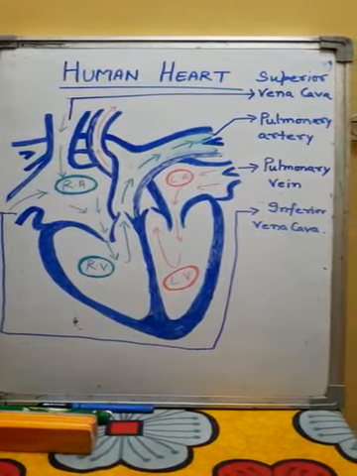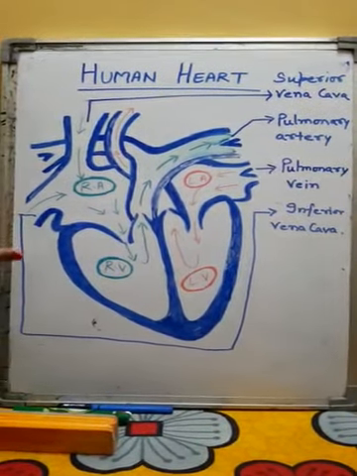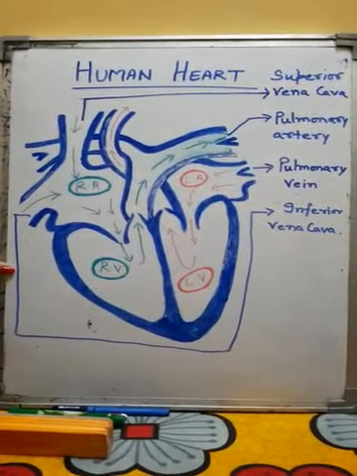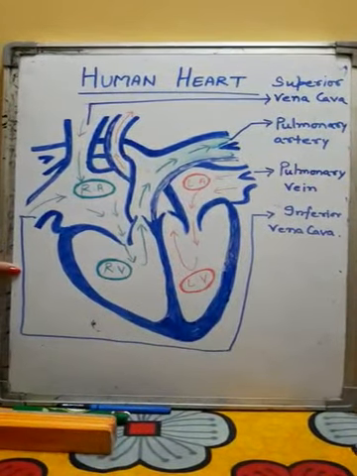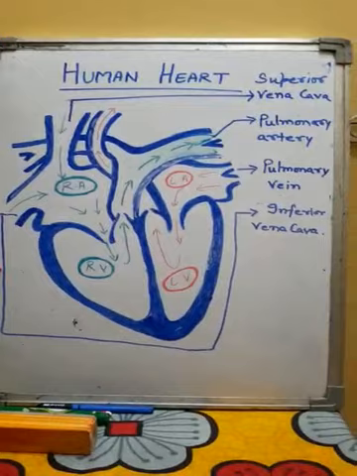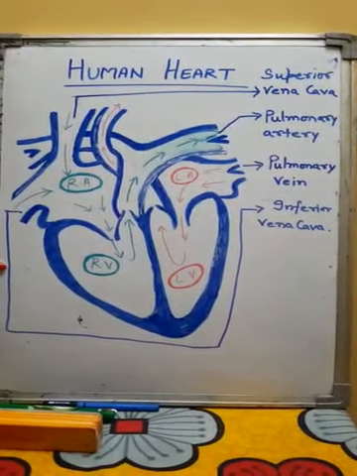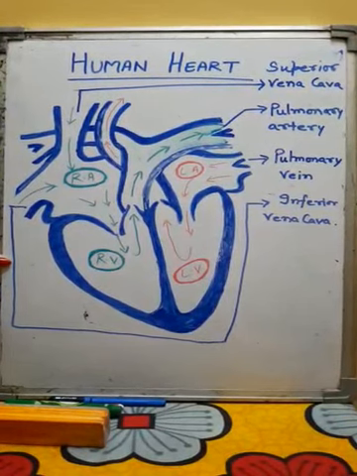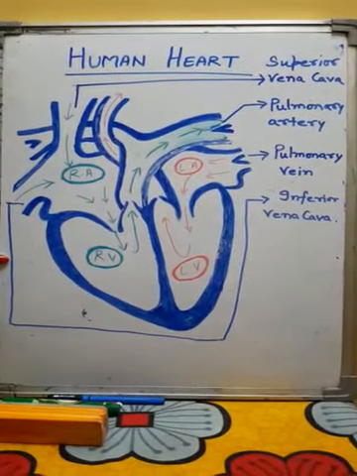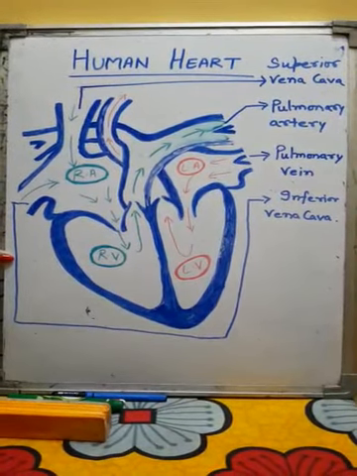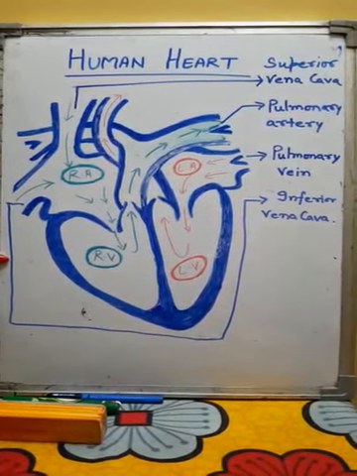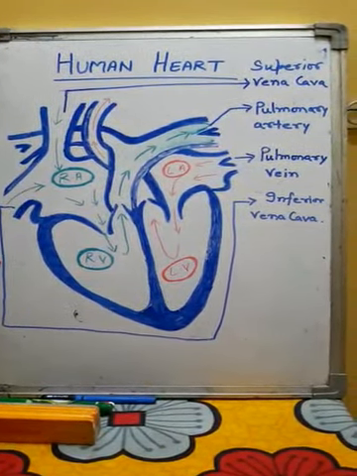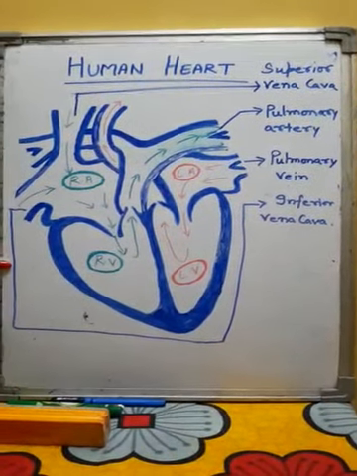The blood pressure is measured through an instrument called sphygmomanometer. The first sound of blood flowing is called systolic pressure, which is normally 120 mmHg. The second sound is called diastolic pressure, which is normally 80 mmHg.